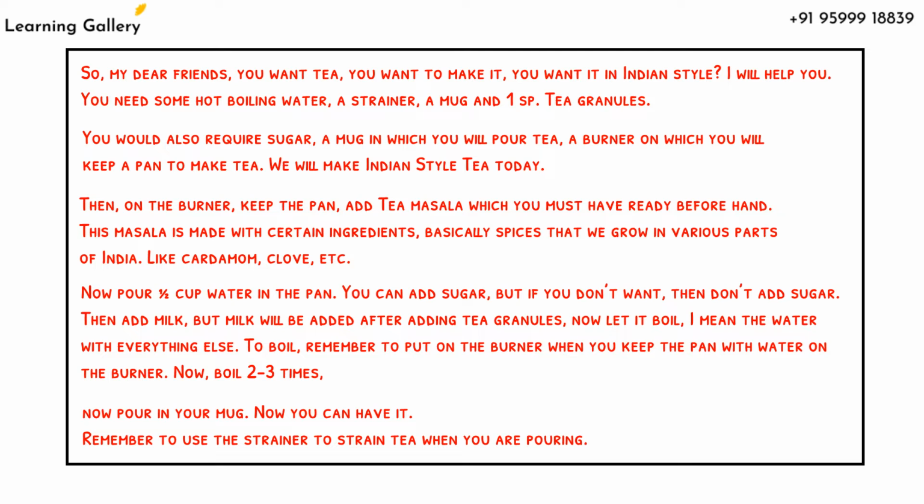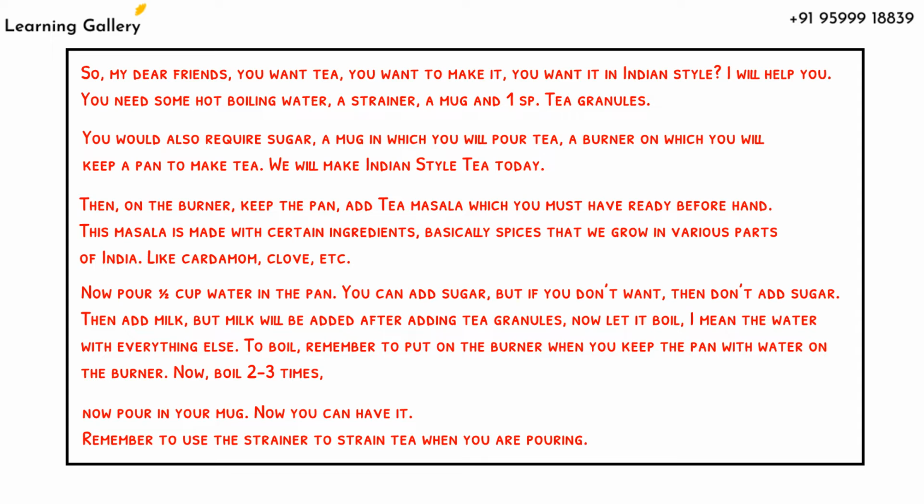We will make Indian style tea today. Then, on the burner, keep the pan. Add tea masala, which you must have ready beforehand. This masala is made with certain ingredients, basically spices that we grow in various parts of India, like cardamom, clove, etc. Now pour half cup water in the pan.